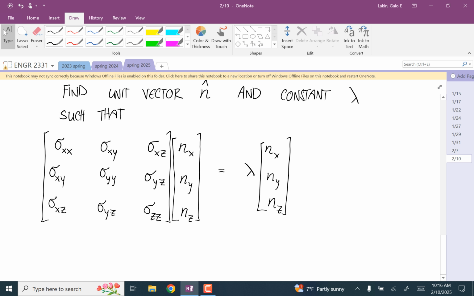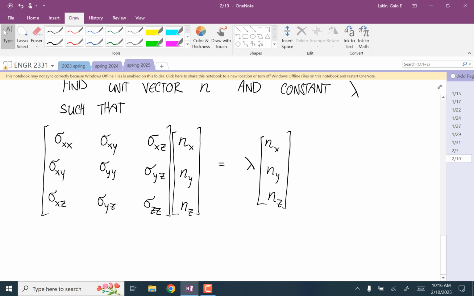So it's sort of a simple idea, you know, makes sense. So how are we going to do this calculation? One thing I want to say before we get into that is, I said this has to be a unit vector. Notice that if you can find a unit vector that works with a value of lambda, it works for any multiple of that unit vector also. Say you have this equation that works for a unit vector, and now multiply that unit vector by 54.68.